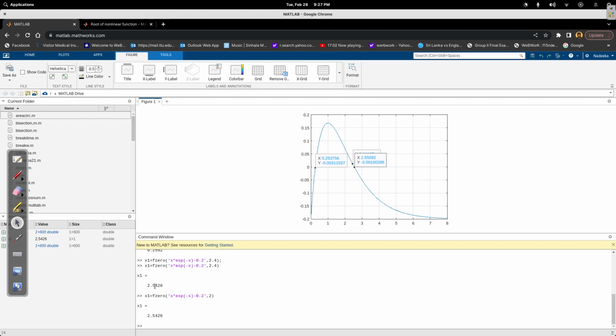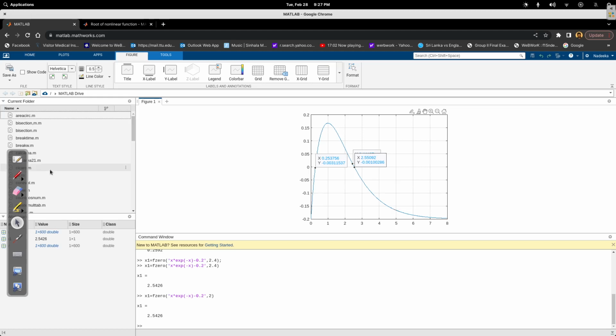This way you can use the fzero function. Here I picked 0 and 8 as my starting domain for my graph. In most practical situations you will know the domain where you are looking for roots, so you can plot in that domain and see where the function crosses the x-axis.